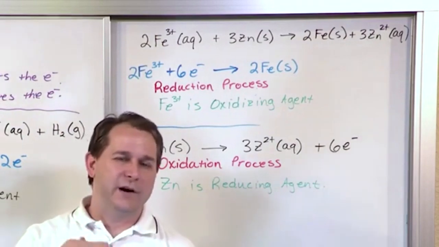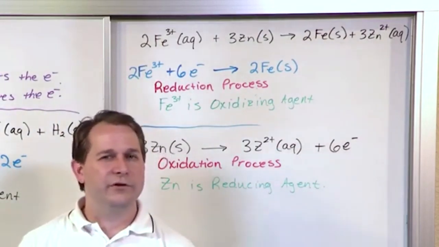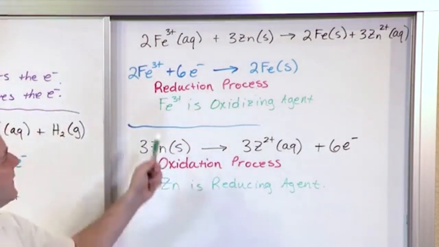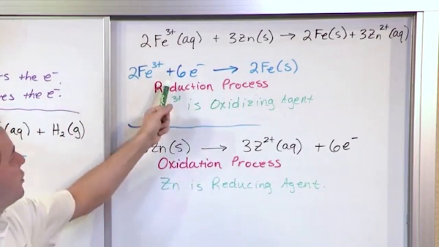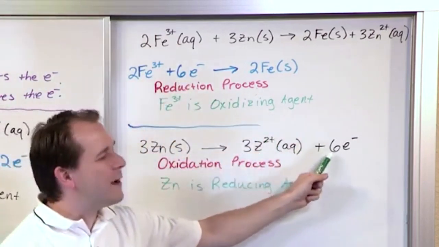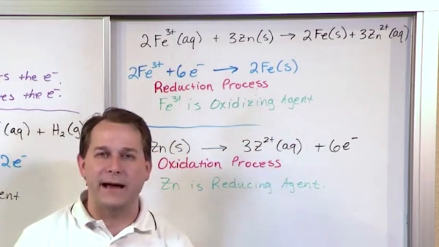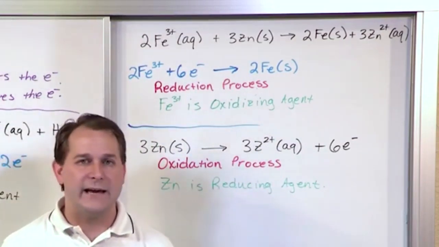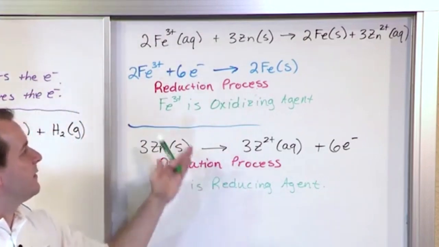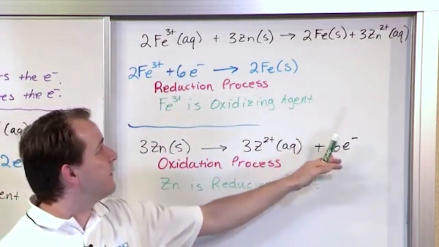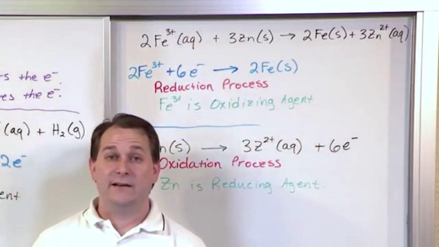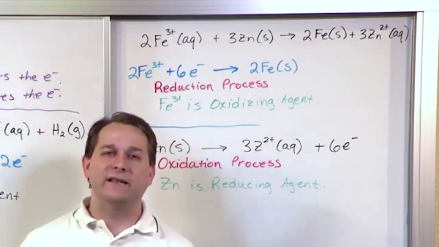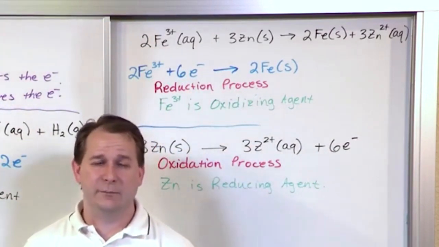But also the undercurrent that I told you a little bit about is that when you split these half reactions out, you can see how many electrons are gained and how many electrons are lost, and they have to balance. That's going to be a crucial step later on when we balance more complicated equations. You're going to be asked to write these half reactions so that they balance the electrons gained and lost, and that's going to be a crucial step to balancing these chemical reactions.